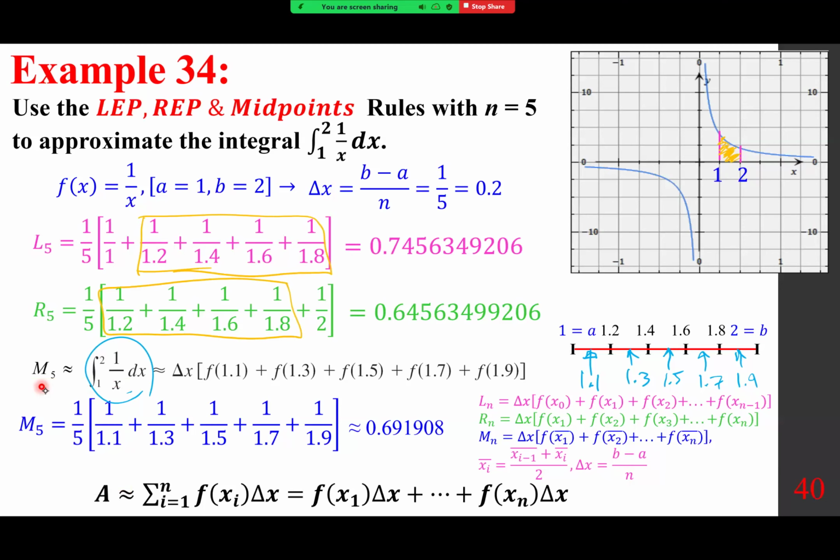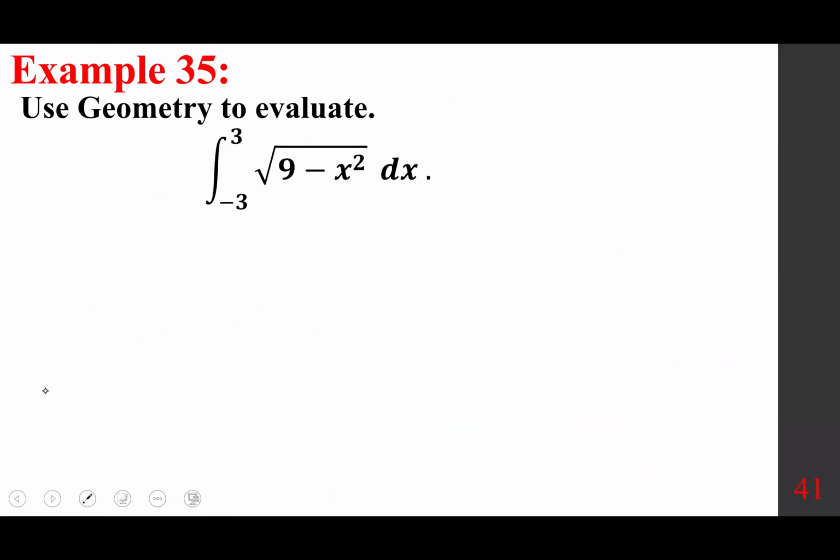Okay, everybody. Use geometry to evaluate the integral from -3 to 3 of the square root of 9 minus x squared dx.